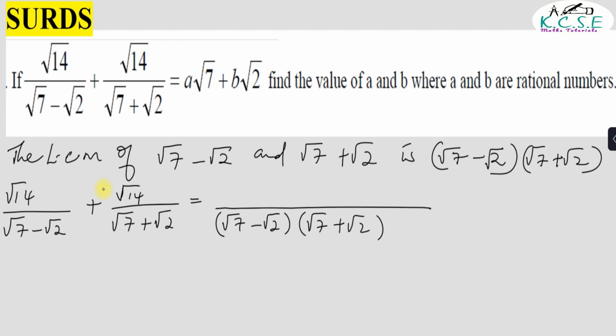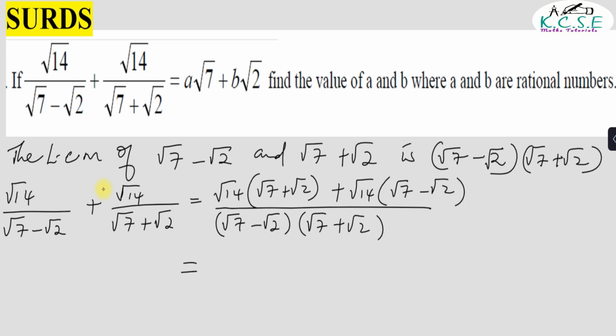Take this LCM, divide by root 7 minus root 2, you get root 14, then multiply by root 7 plus root 2, add root 14, then this will give root 7 minus root 2.